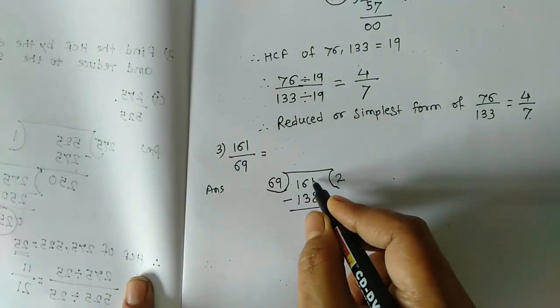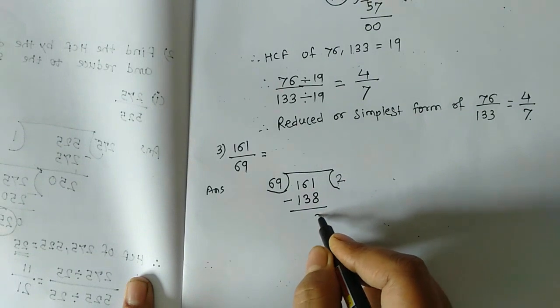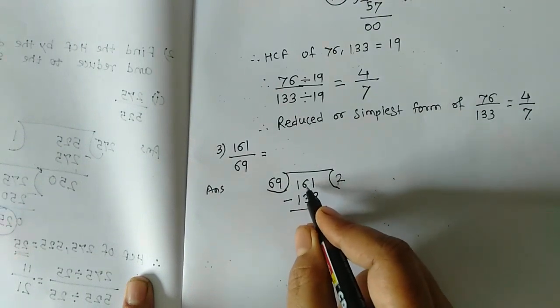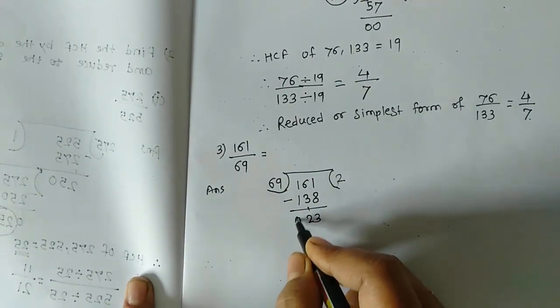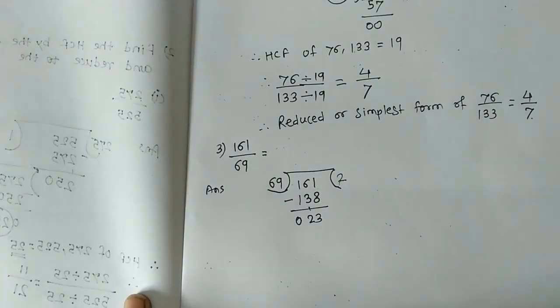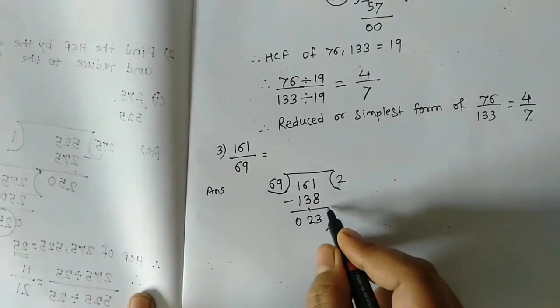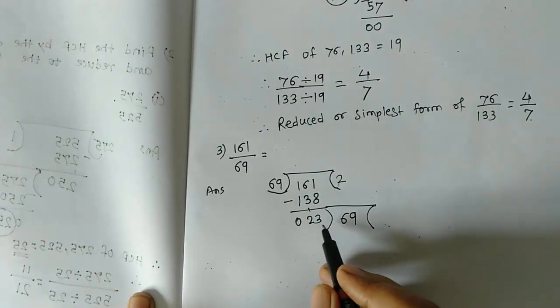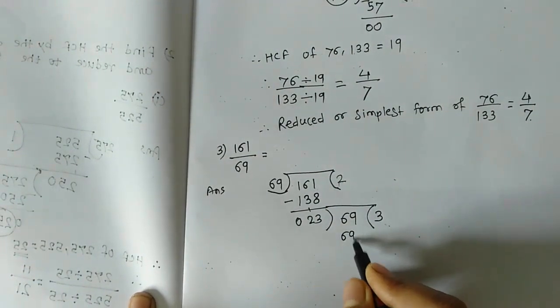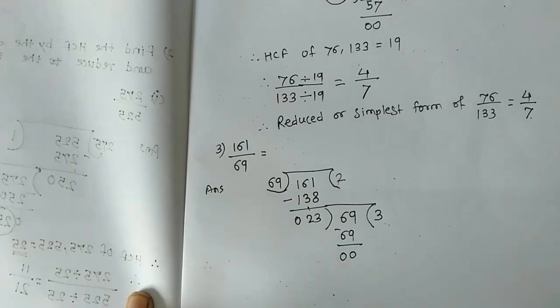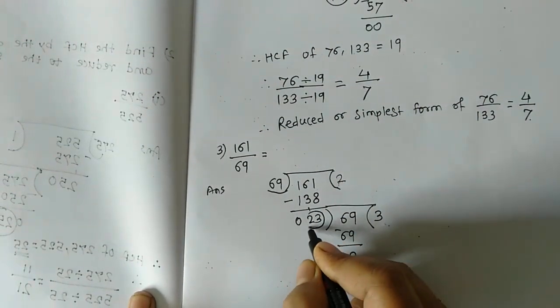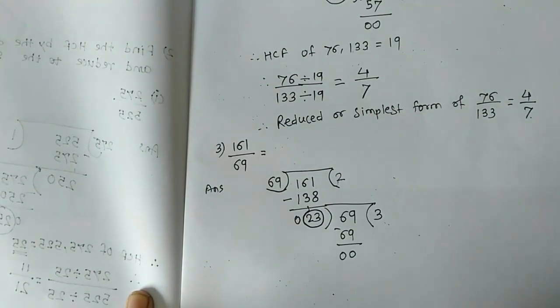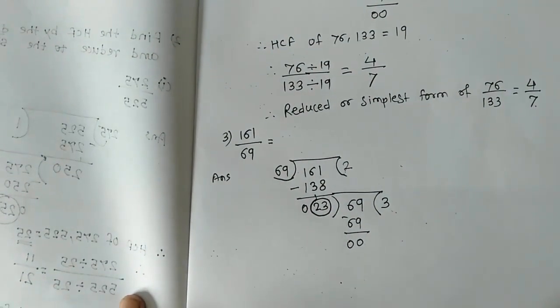Take the subtraction: 11 minus 8 is 3, 6 minus 4 is 2, 1 minus 1 is 0. So 23 becomes the divisor for 69. 23 threes are 69, remainder is 0. So SCF of 161 and 69 is 23.